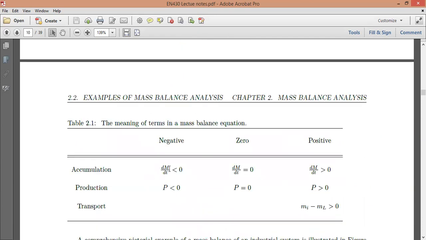If change in mass over change in time is less than 0, then it means accumulation is negative. When change in mass over change in time is equal to 0, then accumulation is zero. If change in mass over change in time is above 0, then we have a positive value for accumulation.